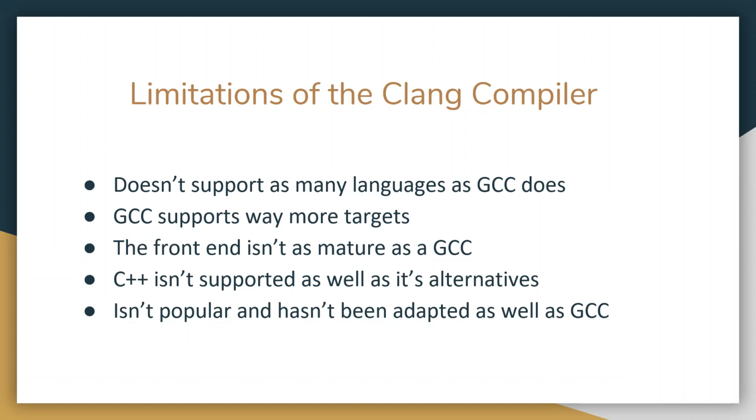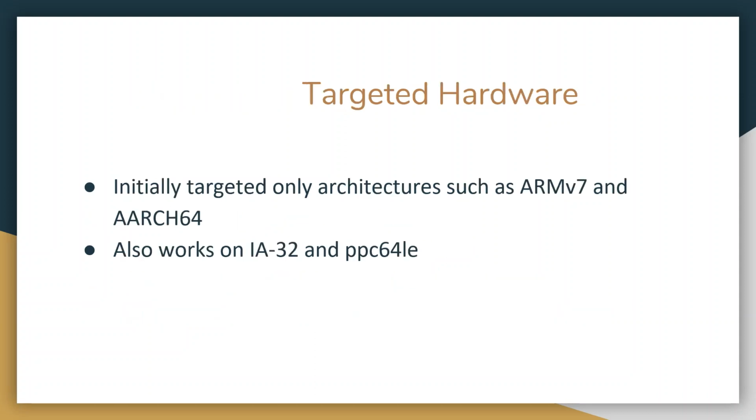Some of the disadvantages are that Clang doesn't support as many languages as its supposed alternative GCC. GCC also supports way more targets, and the front end of Clang isn't as mature as GCC's, and the support of C++ isn't close to that of GCC. It also isn't as popular or adopted as the GCC.